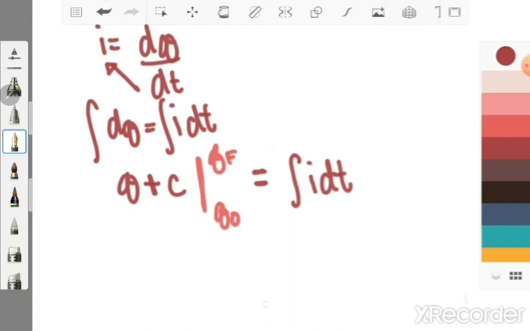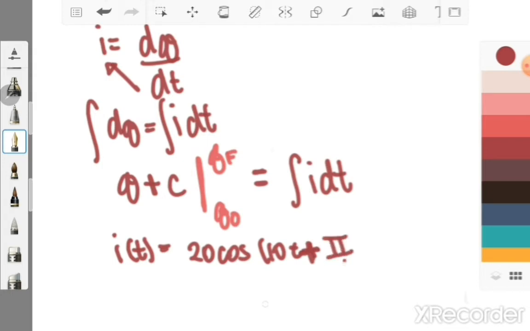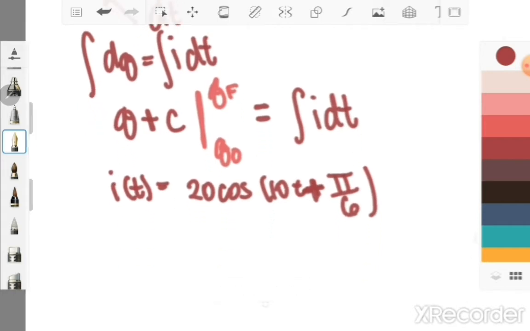So, your first equation has I sub t, or your I, equal to 20 cosine(10t plus pi over 6). Right? So, your I sub t is equal to 20 cosine(10t plus pi over 6).